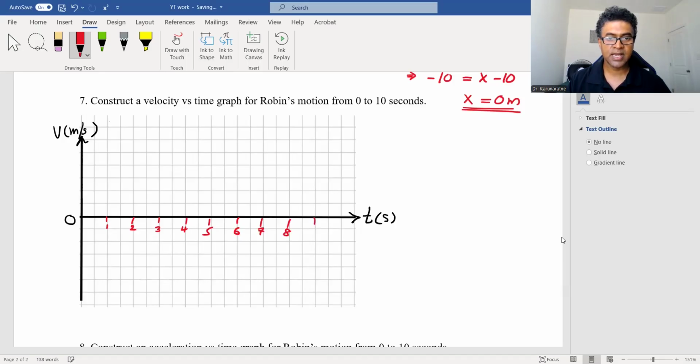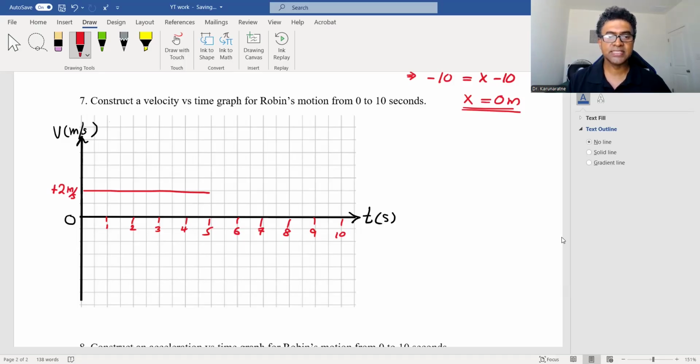From 0 to 5 seconds, there is constant velocity in the positive direction, so I'll put plus 2 meters per second, constant, in the positive direction.